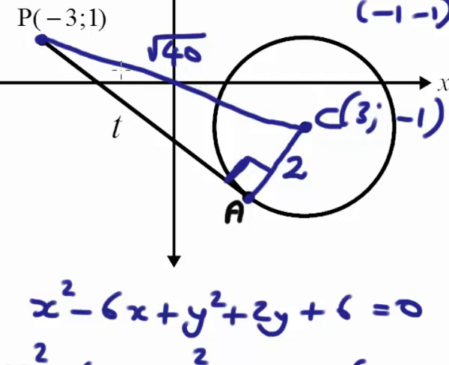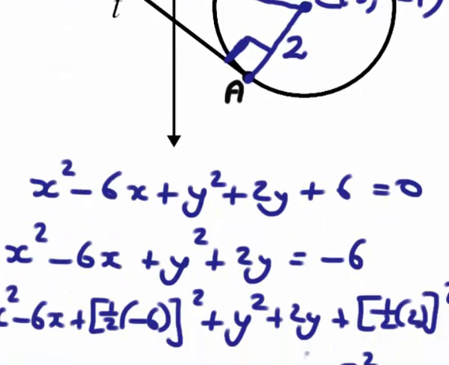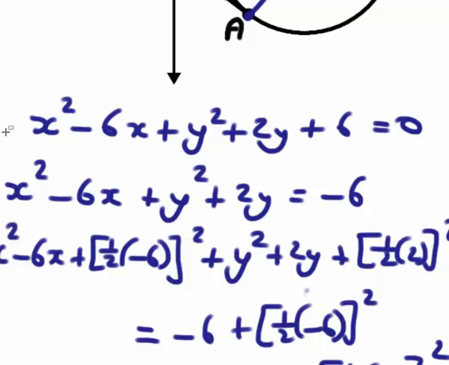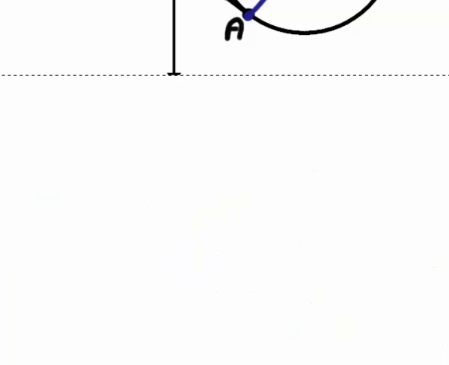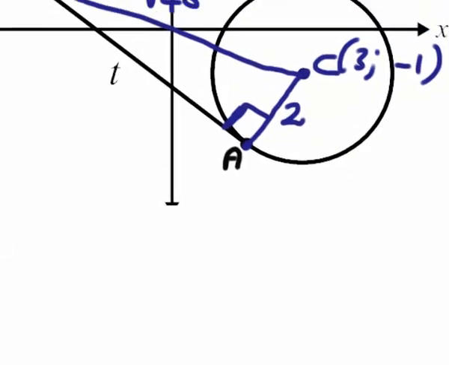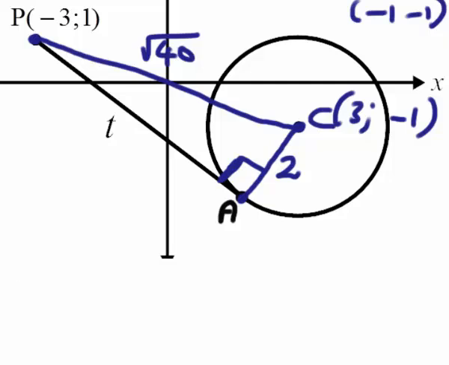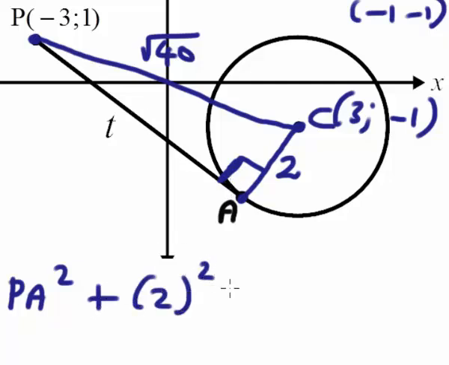Now, all we've got to do is use Pythagoras to work out the length of the tangent there. So I'm going to get myself some space here to work with that. We'll just clear that, give us a little bit of space, and then we can easily work out the length of the tangent. So how does this go? We can say that PA squared plus the 2 squared is the hypotenuse squared.